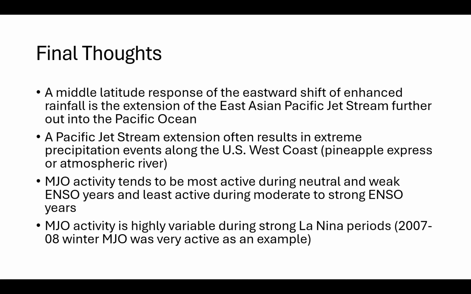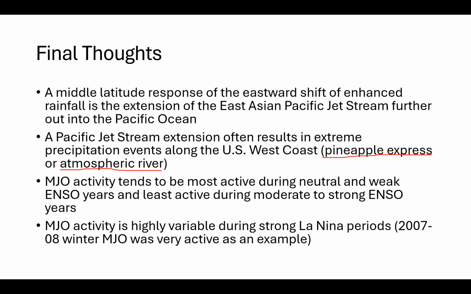And you get cases where you see the Pineapple Express, or you get these atmospheric rivers which result in just lots of flooding rains, specifically across California, even up into portions of the Pacific Northwest. And this can simply be the result of the MJO being in phase 2 as an example.